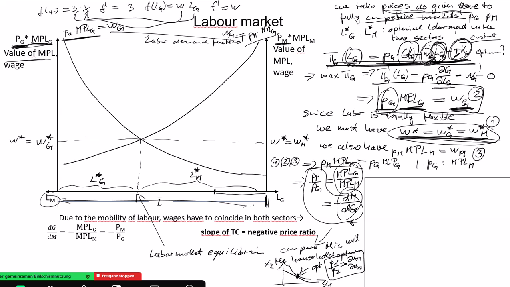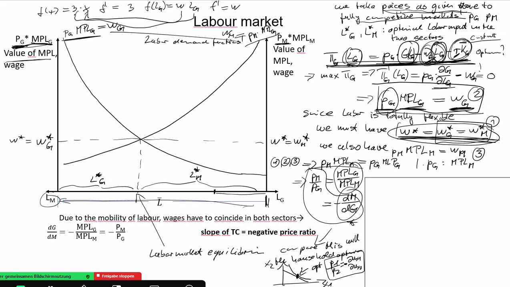Then under full competition, the wages in both sectors have to coincide. Why do they have to coincide? If in one sector I pay a higher wage, everybody is moving there. Then in equilibrium, they have to be equal.